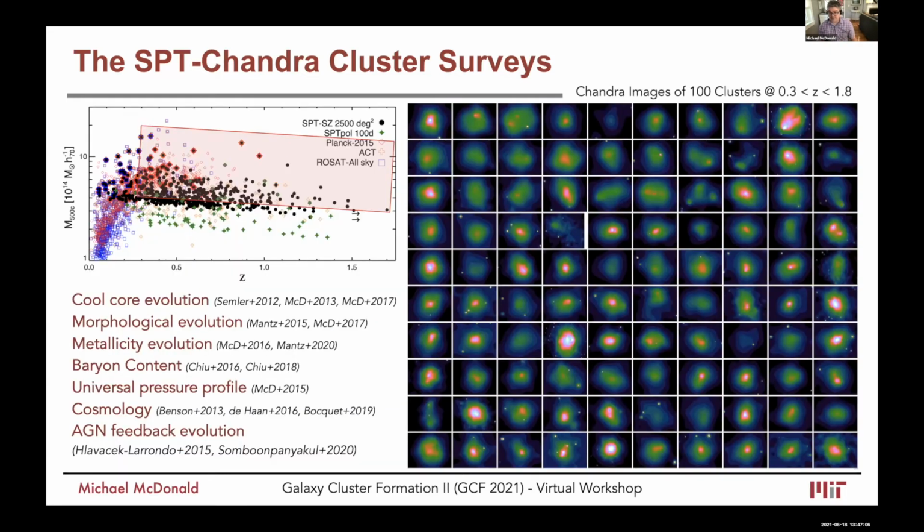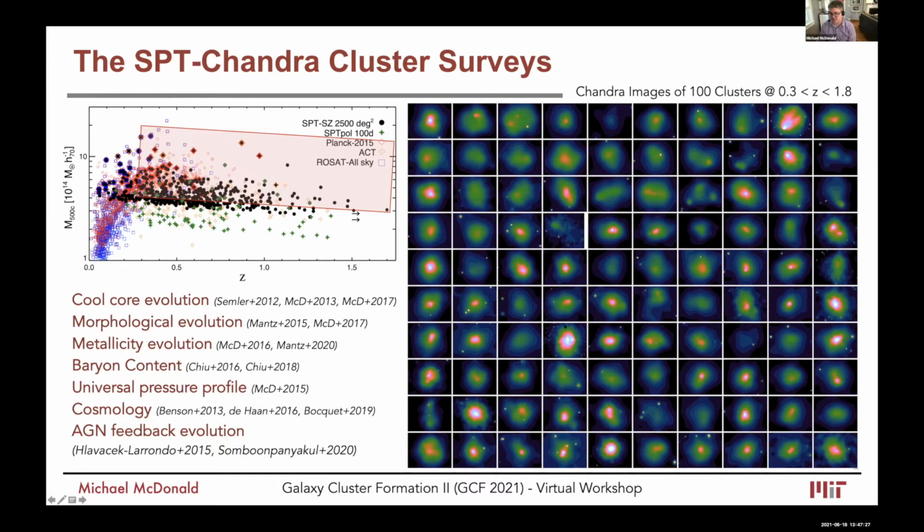And so this is what 8 megaseconds of Chandra data looks like roughly. So this is 100 clusters, all the black points in that red box again. You can see every type of cluster imaginable here. There's some clusters here that appeal to folks that like mergers. Here's a triple merger that's ongoing. Here's a post-merger El Gordo.